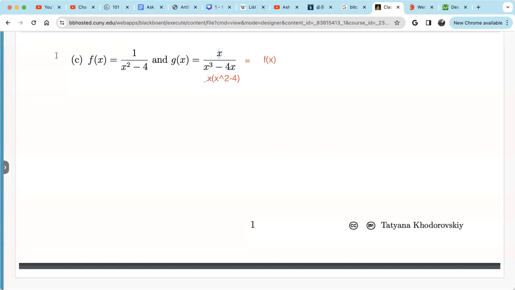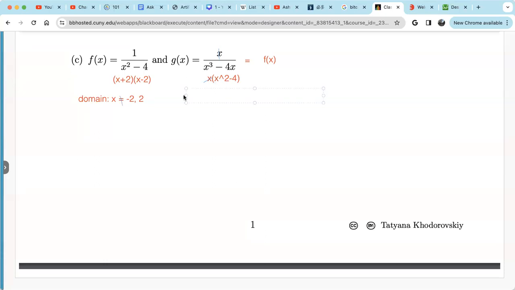So x squared minus 4 can be factored as x plus 2 times x minus 2. So the domain of f is x not equal to -2 and 2, right? Not equal to, so let me slash this equal sign.